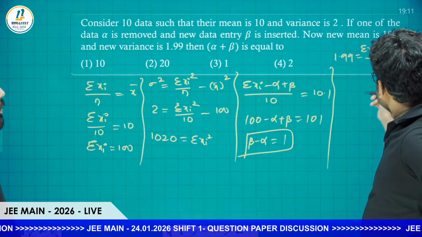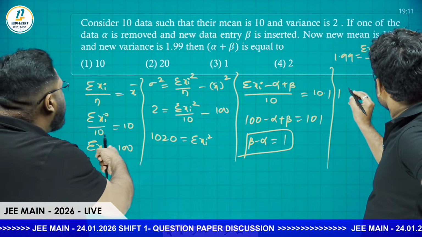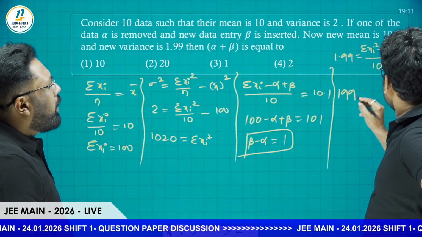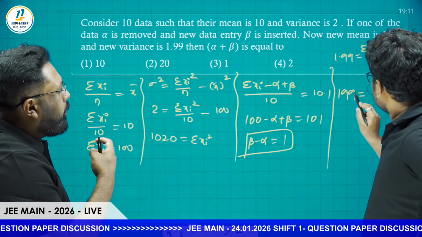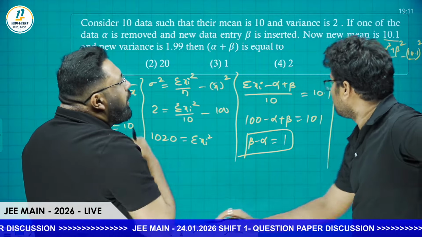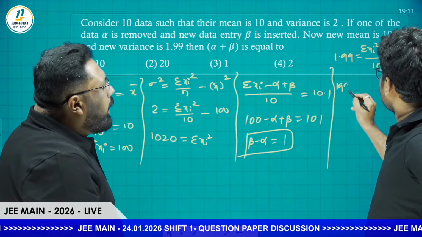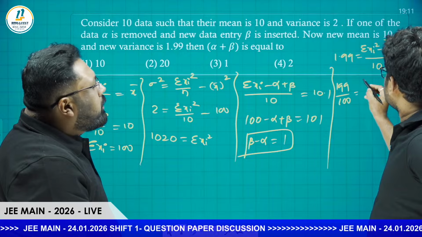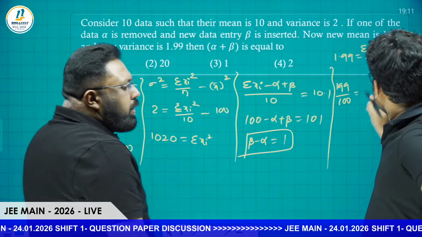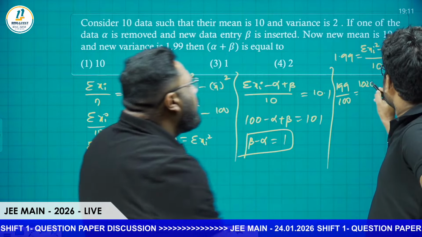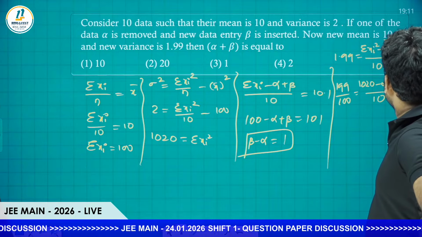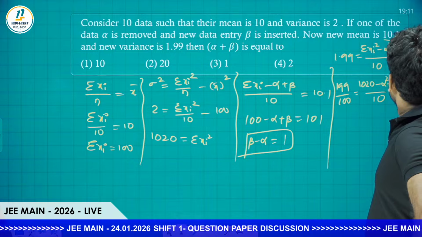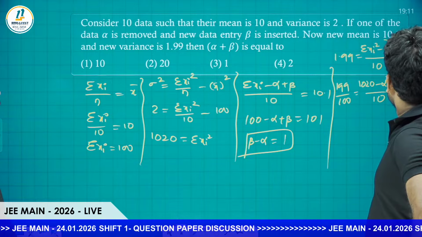So sigma xi squared is given as 1020. 1.99, or 199 divided by 100, is equal to 1020 minus alpha squared plus beta squared divided by 10, minus 101 whole square divided by 100.